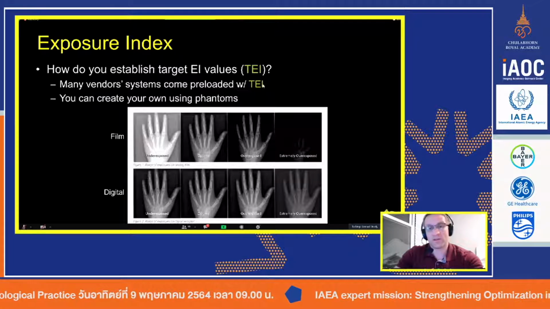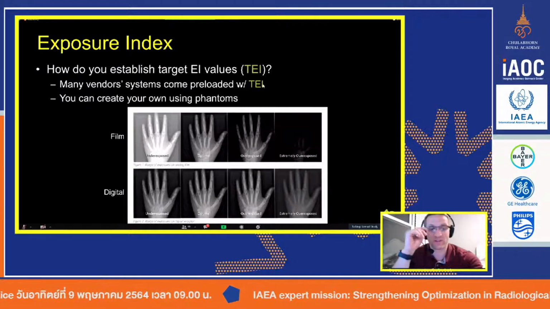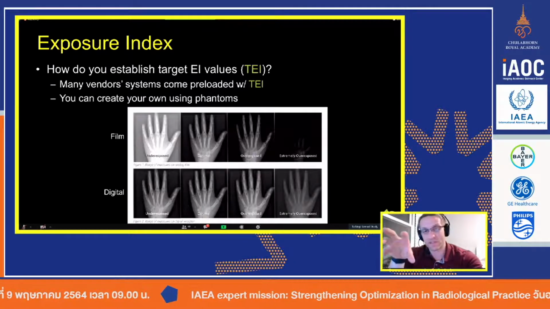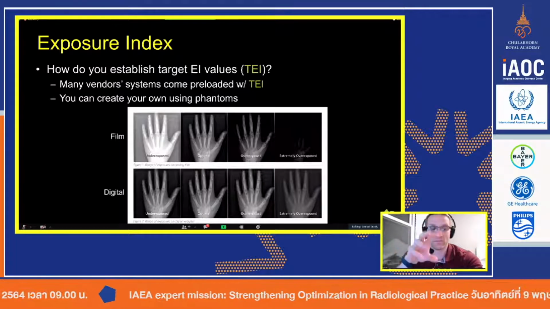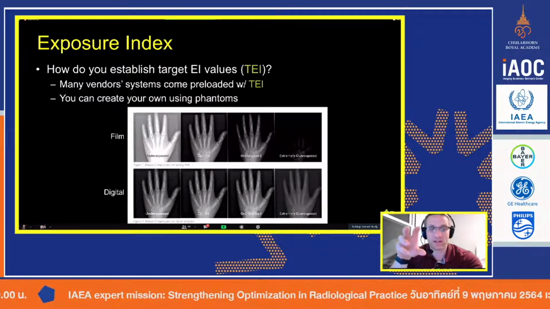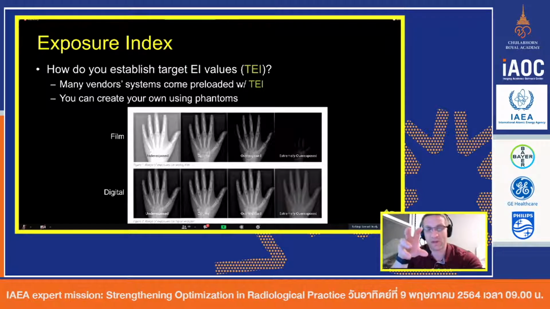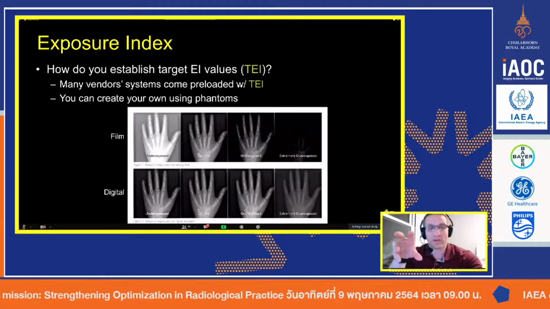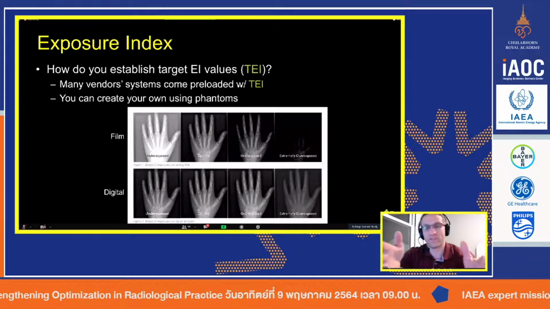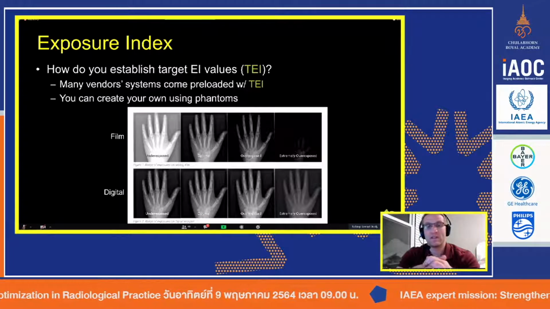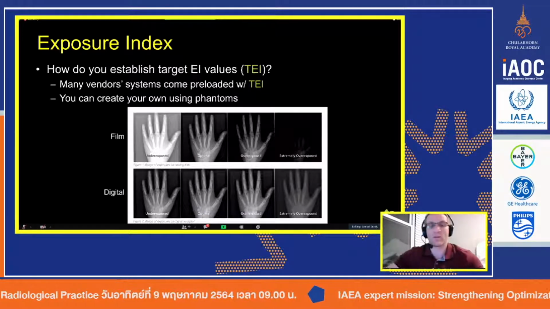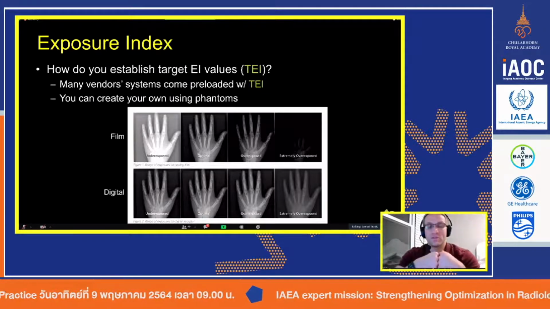And maybe if you don't have a lot of physics support and a lot of lead technologists, or your technologists don't have a lot of freedom to work on this with a radiologist, then maybe your major academic centers have to do this. They establish it and then they can share that with other local hospitals.